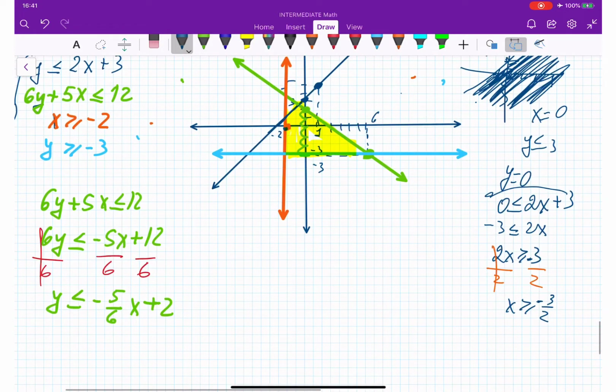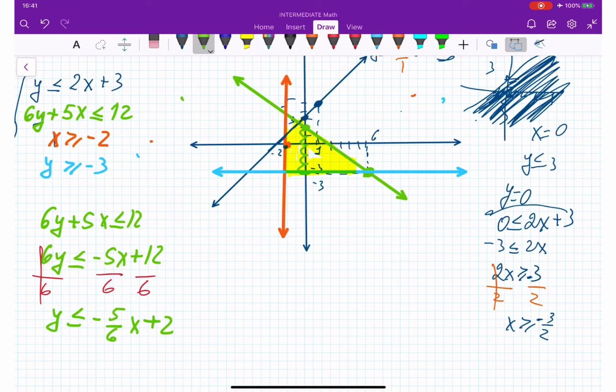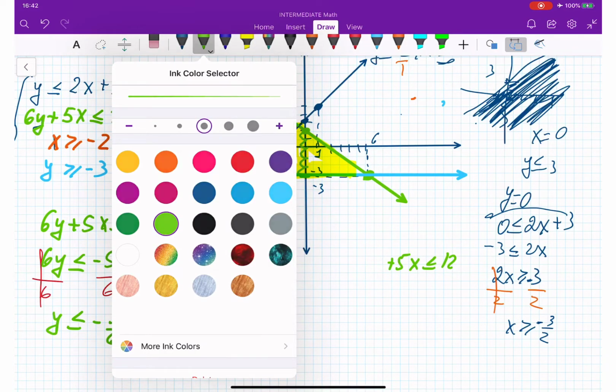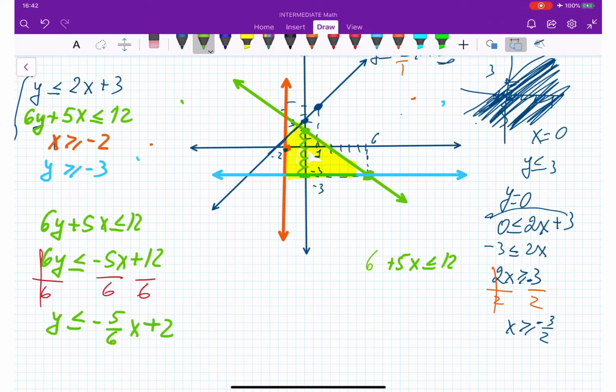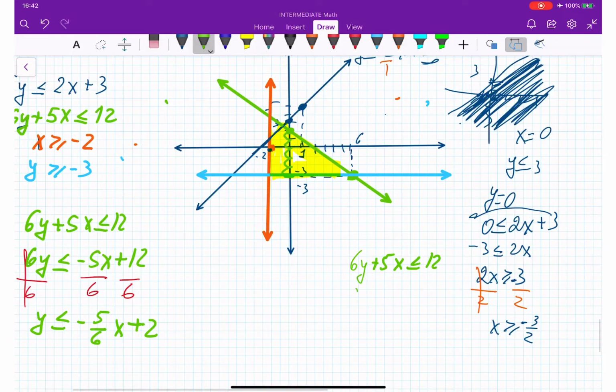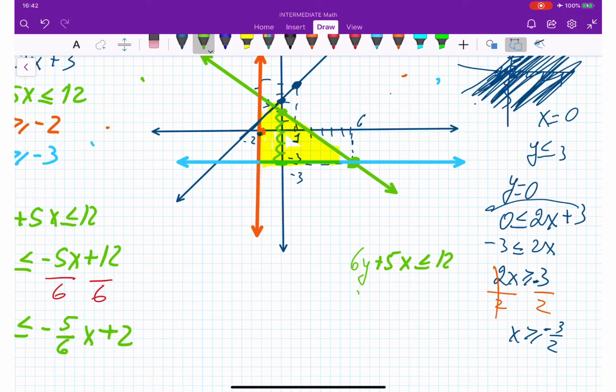Yes? Now the next one, green for shading area: 6y plus 5x less or equal 12. So we need to find y. Actually, no, we don't need to. I can go the same way. X equal 0, then I have 6y less or equal 12. Y is less or equal 2, right?